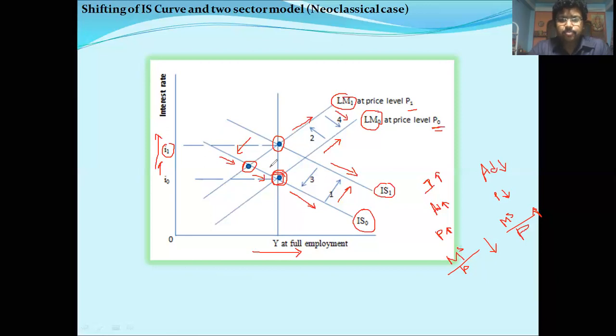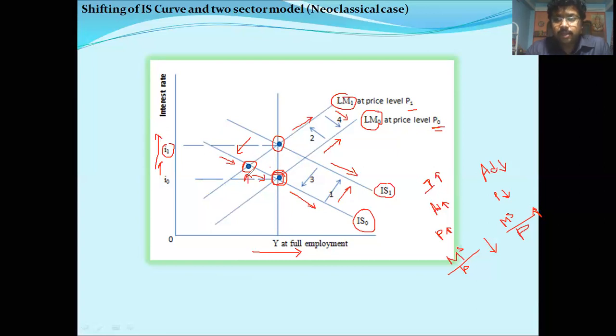But in the Keynesian model, the economy will be stuck at this point because of rigidity in the price level. If there is a high interest rate and the IS curve shifts down, this point will be the equilibrium in the goods market. So this is the basic difference between the Keynesian concept and the neoclassical concept.